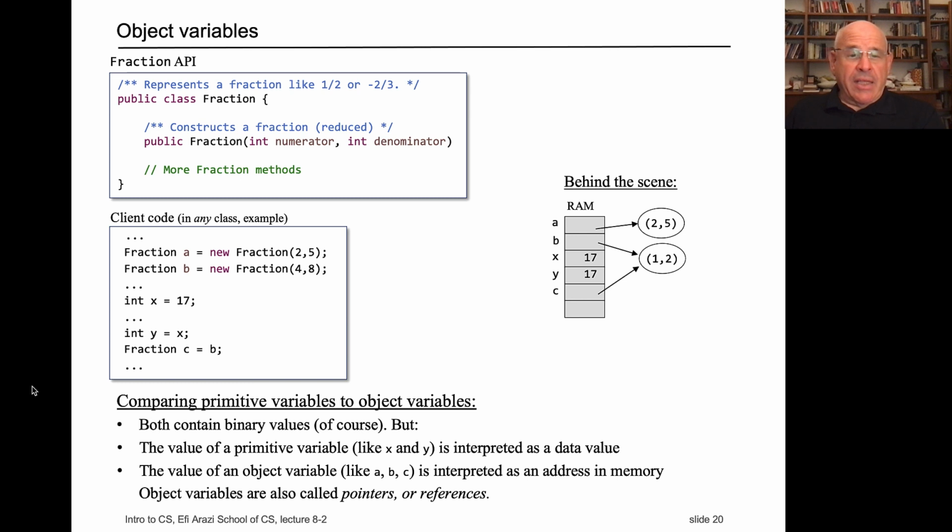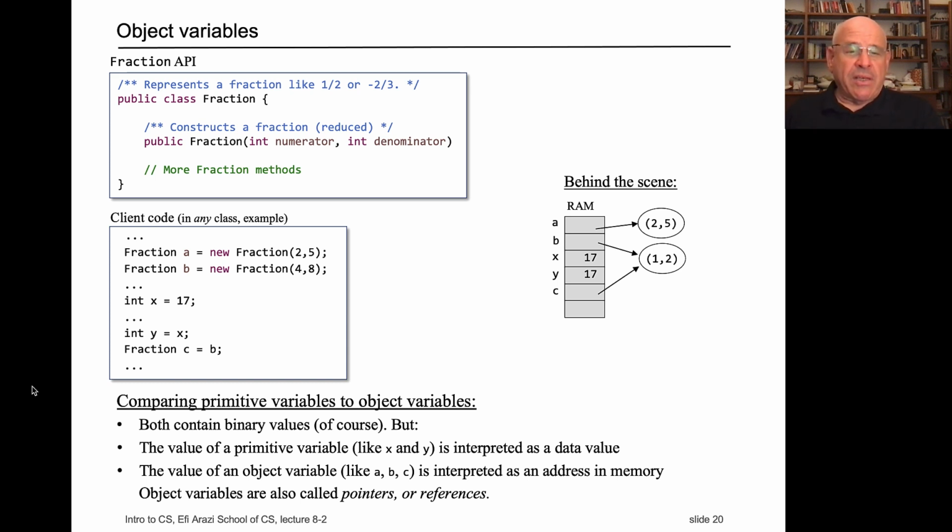All right, and so when you compare primitive variables to object variables, both of them of course contain binary values, but the value of a primitive variable like x and y is interpreted as a data value, and at the same time the value of an object variable like a and b in this example is interpreted as an address in memory.